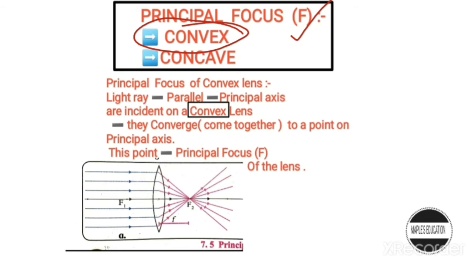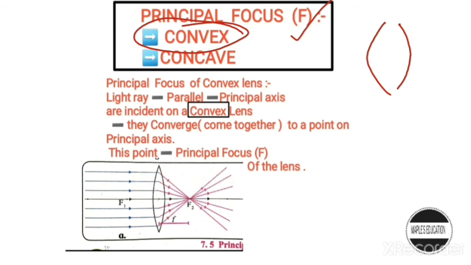Now we are going to study the principal focus of a convex lens. Now what is a convex lens? We did this in the first part. A convex lens has its spherical surface puffed outwards. So we'll see what the principal focus of a convex lens is.